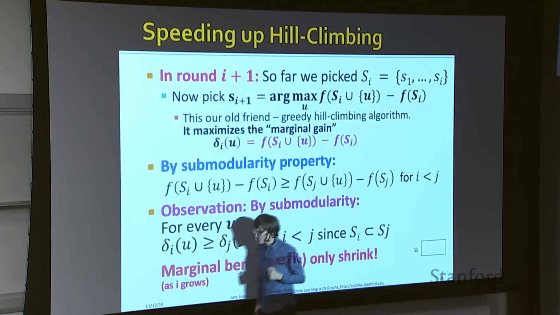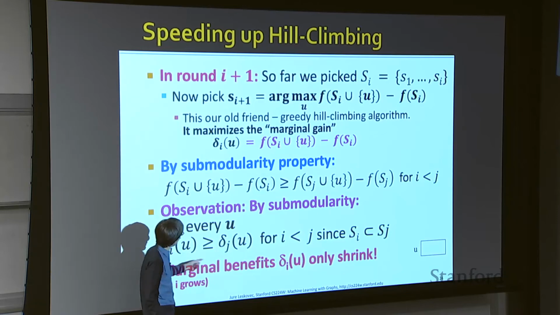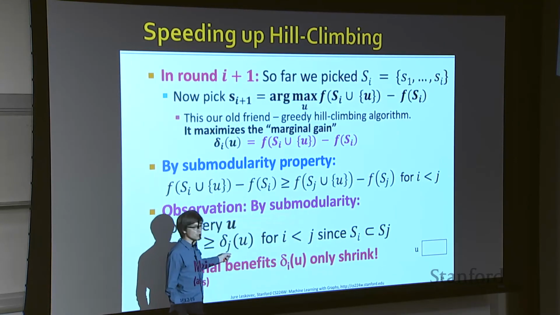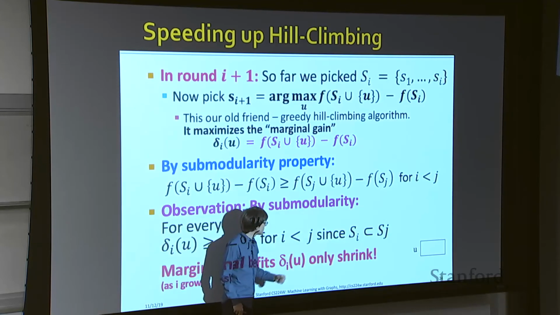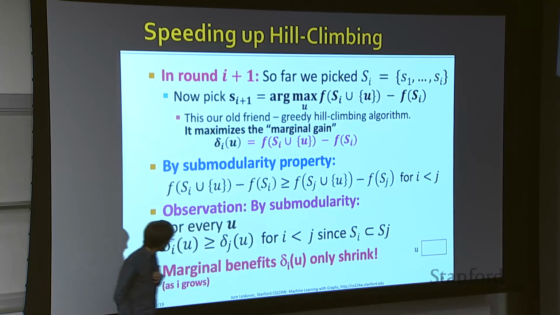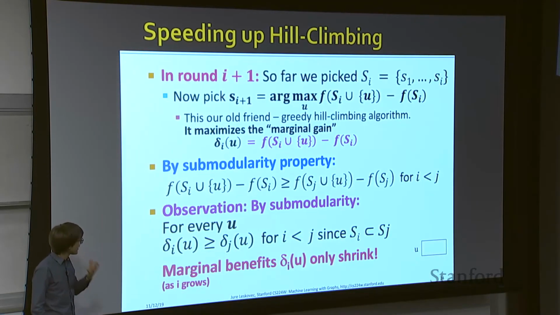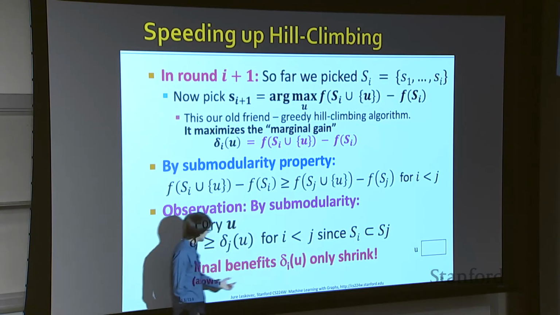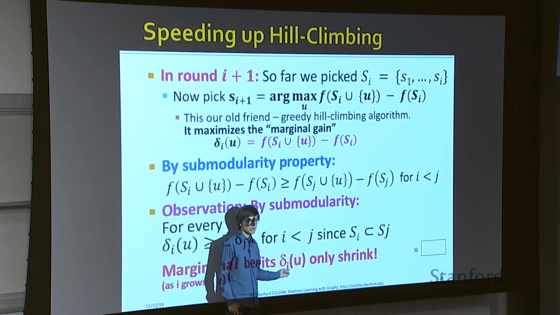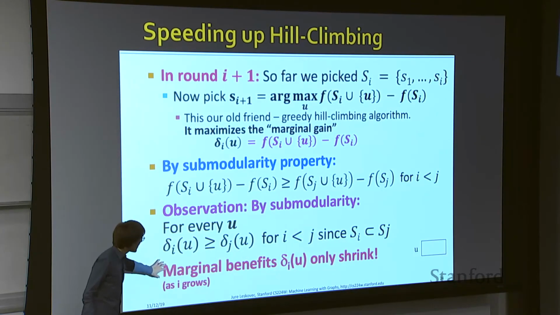It's the marginal benefit of node u when I add it to placement i, and this is the marginal benefit of u when I add it to placement j, again for i less than j, because S sub i is a subset of S sub j. There's a lot of notation here, but the bottom line is that marginal benefits of nodes only shrink as a function of i. That's the main insight.